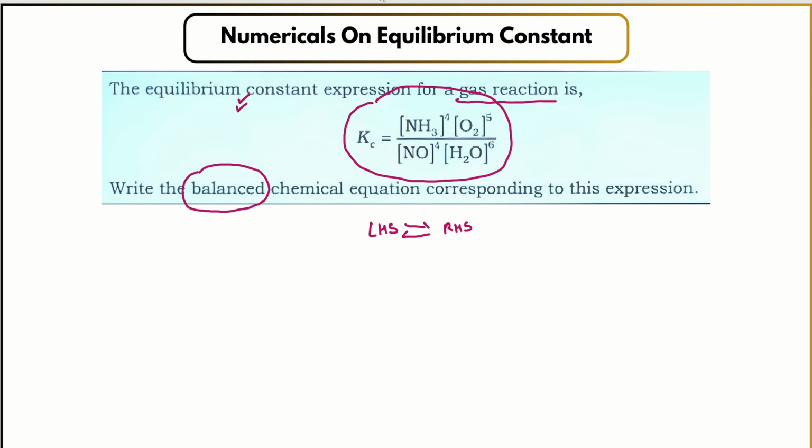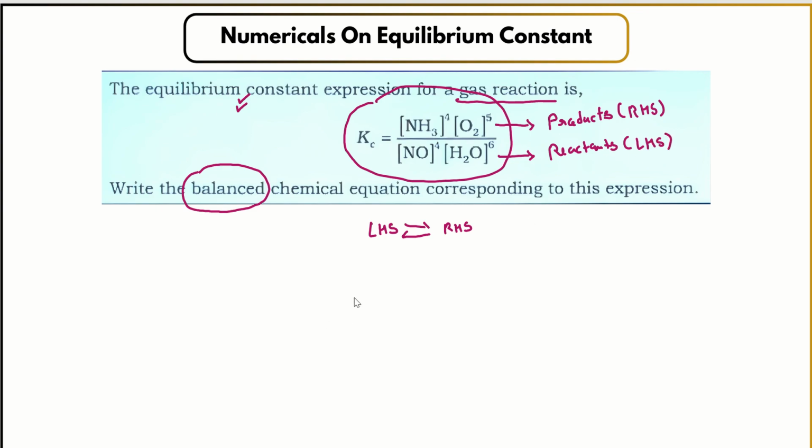We know that the numerator part always consists of products, which is the right hand side of the expression, and the denominator part is comprised of reactants, which is the left hand side.